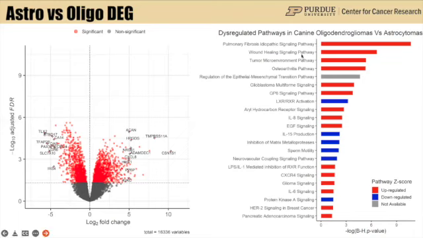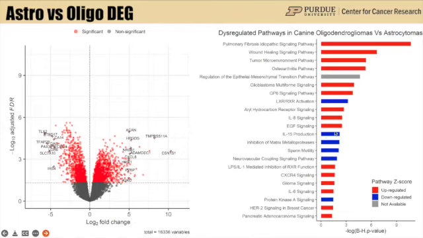We do see the glioblastoma signaling pathway, which includes a lot of the genes that are in the PI3K pathway as well as MYC. We do see IL-8 signaling is also enriched in oligodendroglioma, which is known to promote tumorigenesis in gliomas in humans. We see that IL-15 production is actually downregulated.